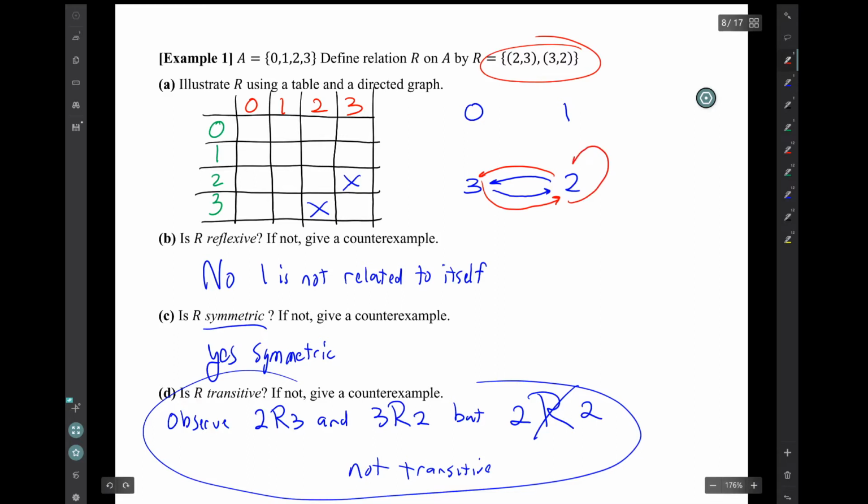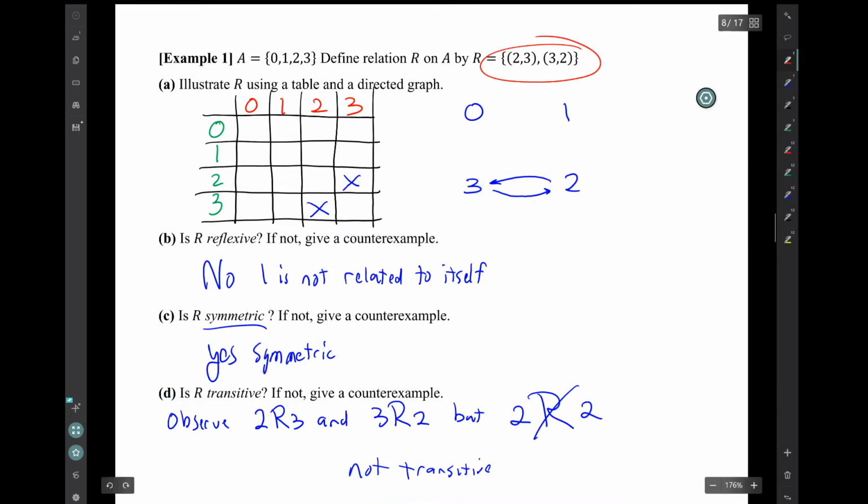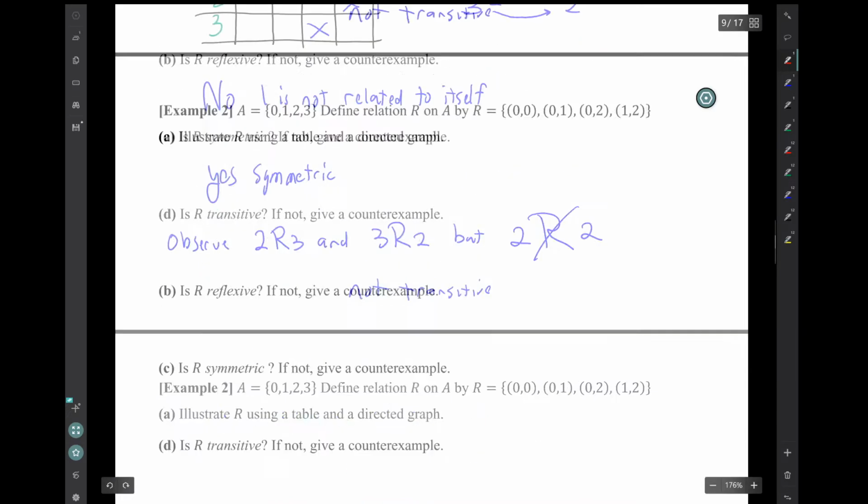There's no direct flight from 2 to 2. There's no non-stop path from 2 to 2. Well, that's the idea of not being transitive. To be transitive, every segmented path would have to have a direct path that will get you there without any stopovers.